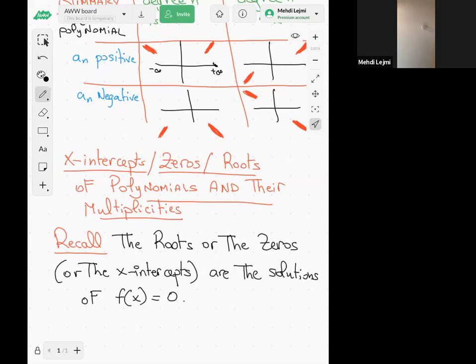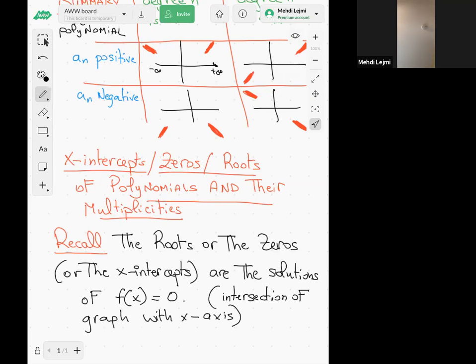All right. So the solutions of f of x equal to 0 are the roots, the zeros, or if you want, the x-intercepts. Again, this is the intersection of the graph with the x-axis, right? So we know this definition here, x-intercepts, solutions of f of x equal to 0.